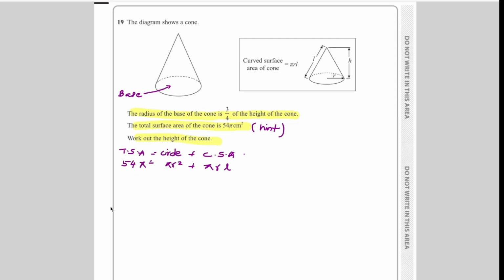Now we need to get the height. Can you see in this equation, we don't have height. So we need to get height into this equation. How do we get the height into the equation? The first statement is a hint that we can convert radius in terms of height.